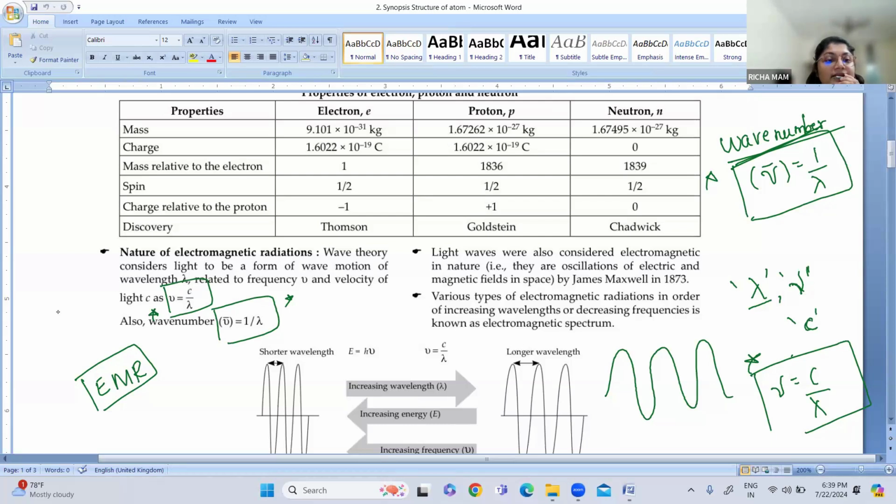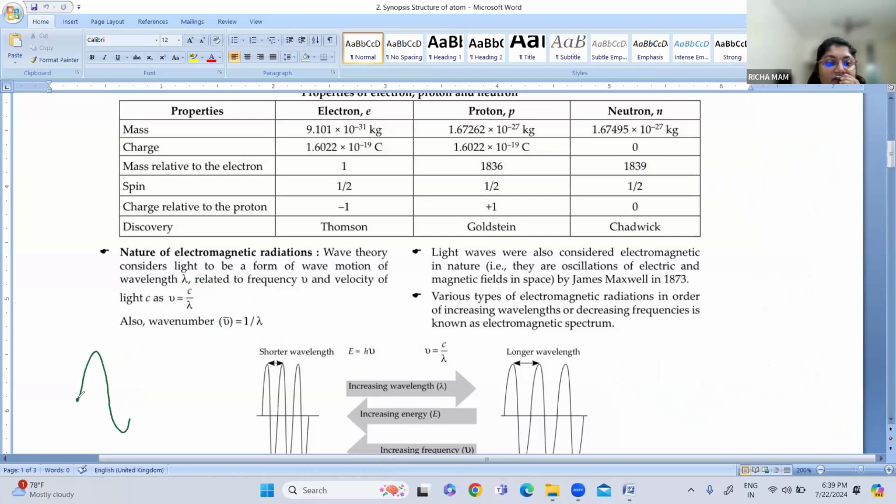So when the light is traveling, it is traveling in the form of a wave, and what is present? There is a presence of the electric field as well as the magnetic field. So light is called electromagnetic in nature.